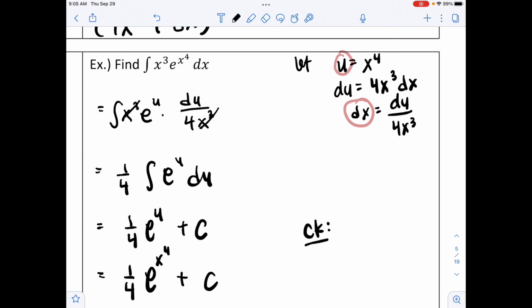And to check this, just to show one of them, I'm going to have 1/4 e to the x to the 4th times that derivative of the exponent, which is 4x to the 3rd plus 0. Your 4's would reduce, and you'll notice that you get x to the 3rd e to the x to the 4th, which checks with the original integrand that we had up above.